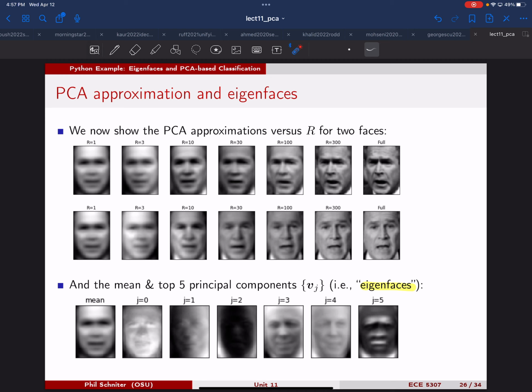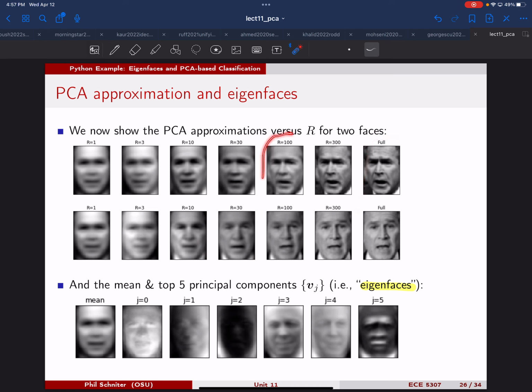Okay, and then if we do 10, you're starting to already get a better approximation of these. Still pretty bad, but hey, it's 10 out of 1,850 features. That's a massive compression, right? It's like a factor of 185. Okay, so what if we go up to 30? Well, at 30, you start to get an approximation of the original faces.